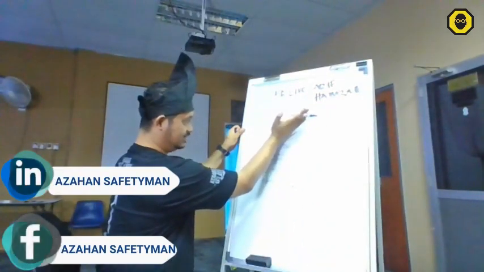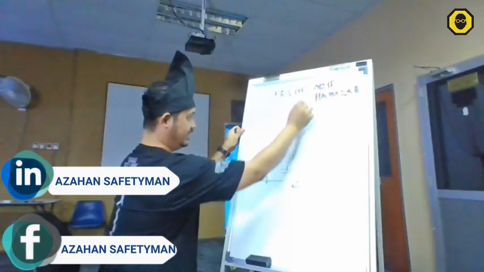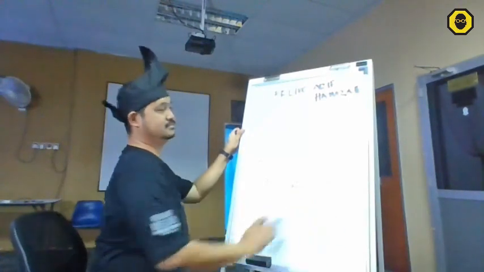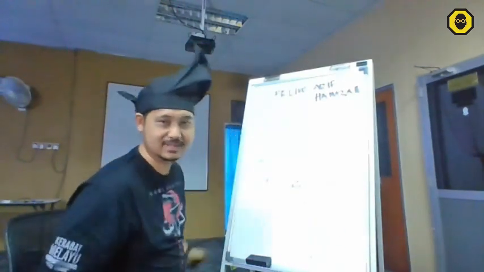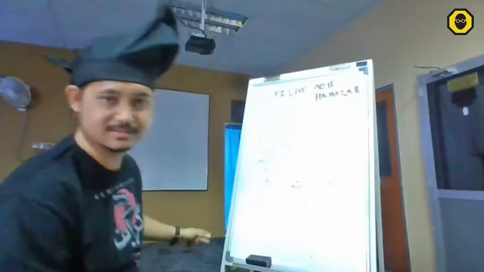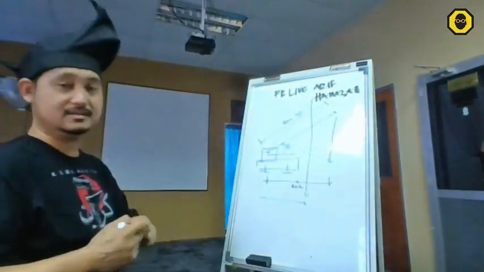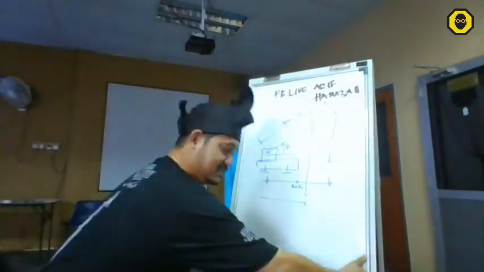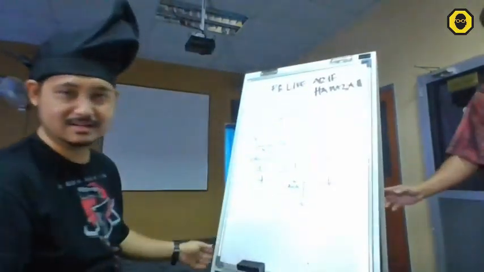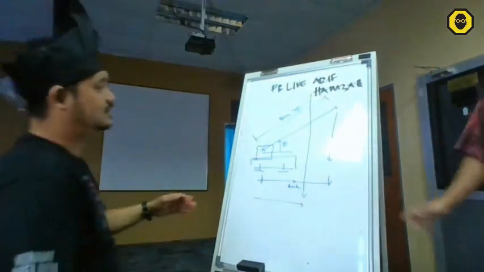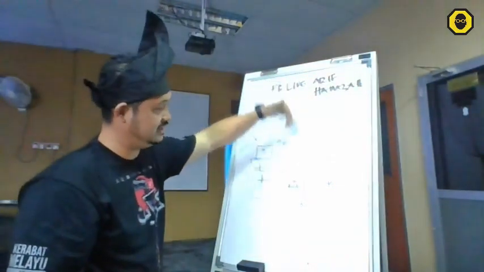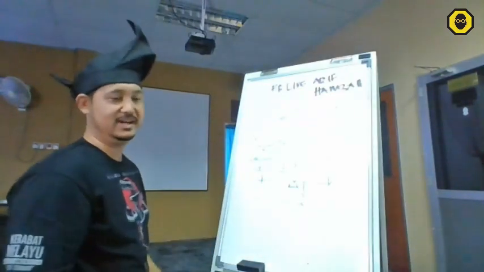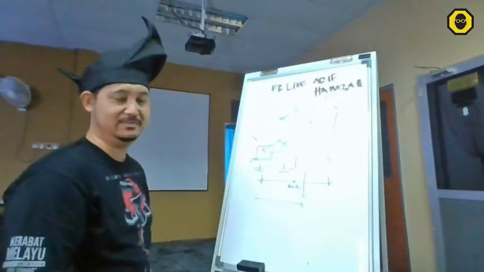The more boom angle, the less radius. The less radius, the stronger the load the crane can lift.